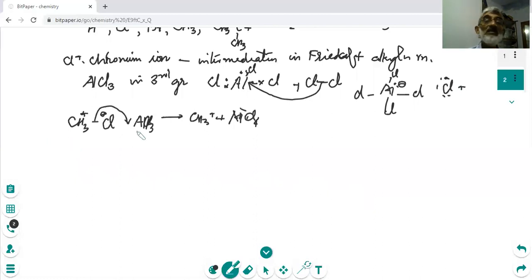Another electrophile is NO2 plus, the nitronium ion. Interestingly, this is a positive electrophile.